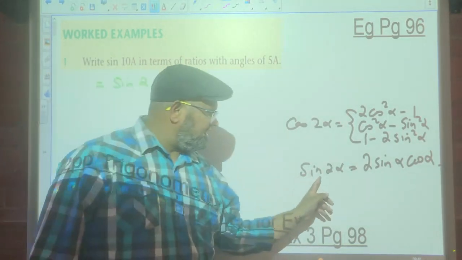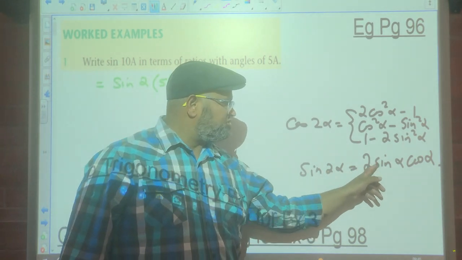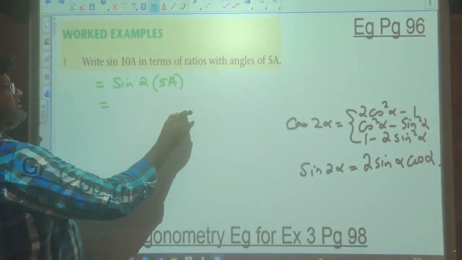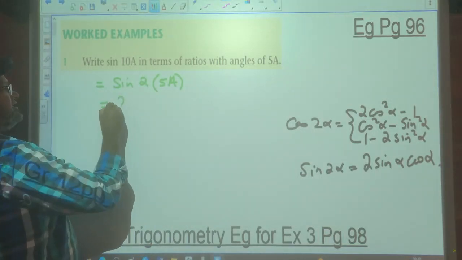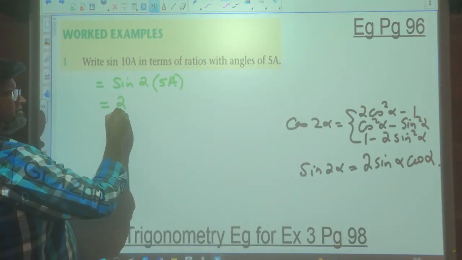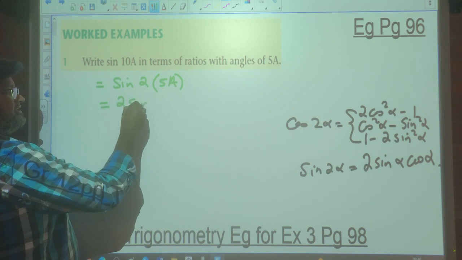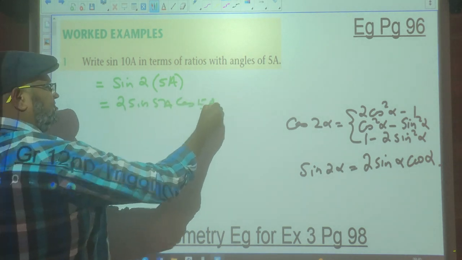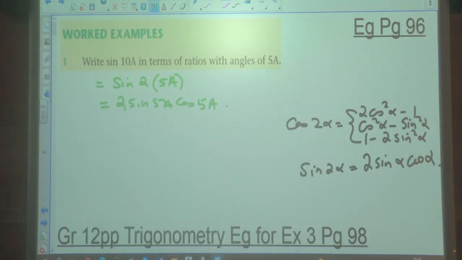So if you go here, sine 2 alpha is going to be 2 sine alpha cos alpha. So sine 2 times 5A can be written as 2 sine 5A cos 5A. You guys understand?